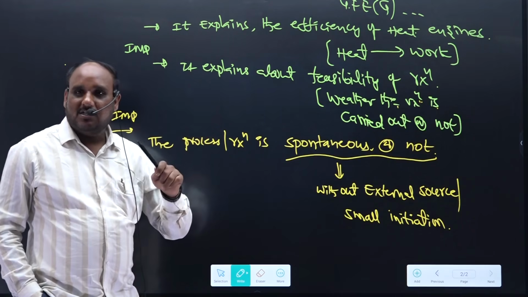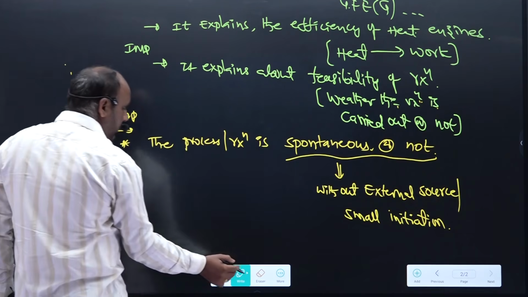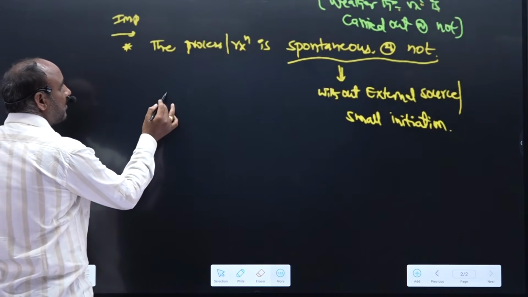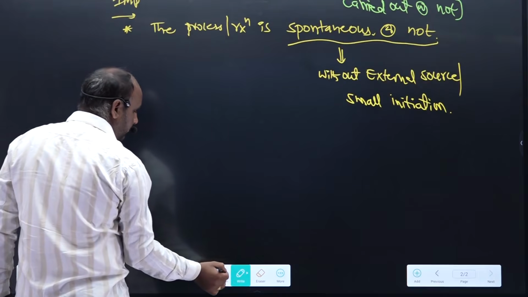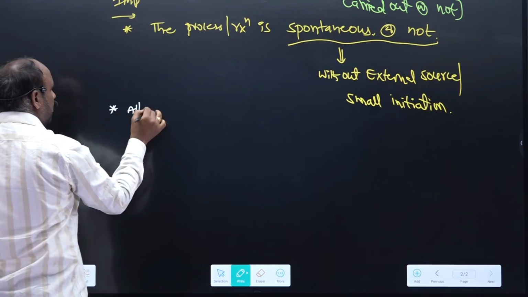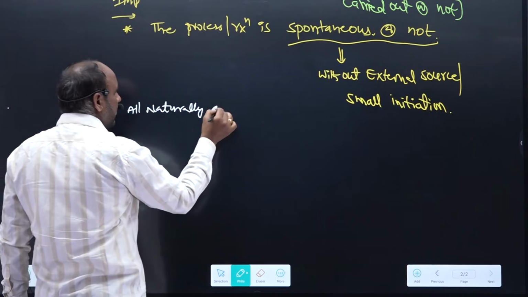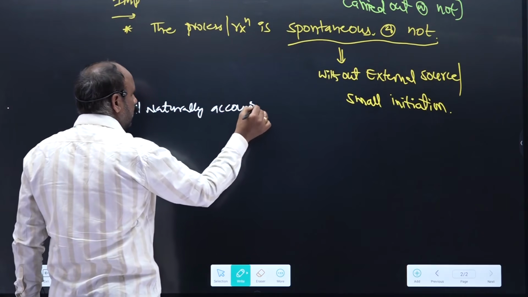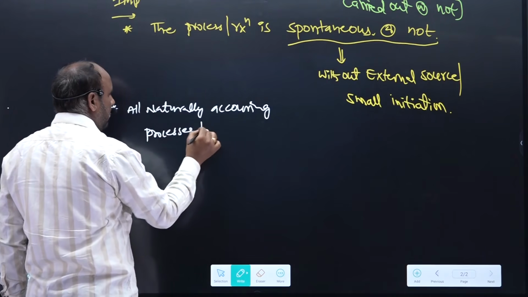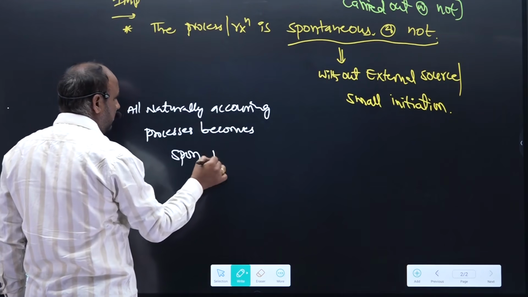Naturally occurring processes become spontaneous processes. So, a statement: all naturally occurring processes become spontaneous processes.